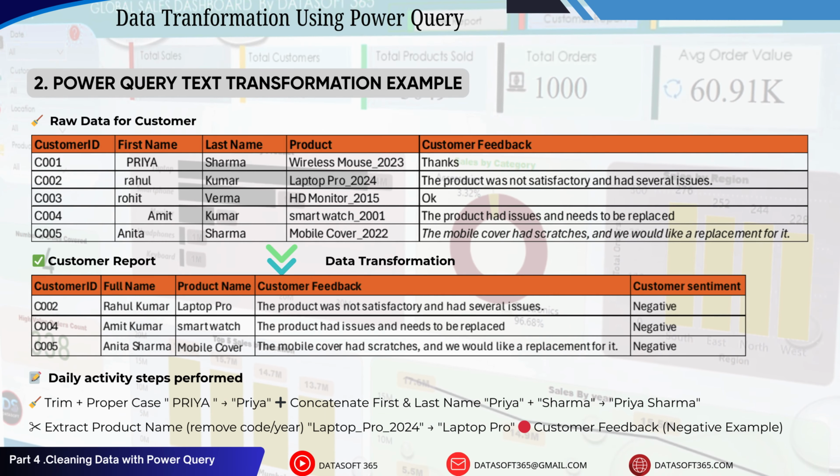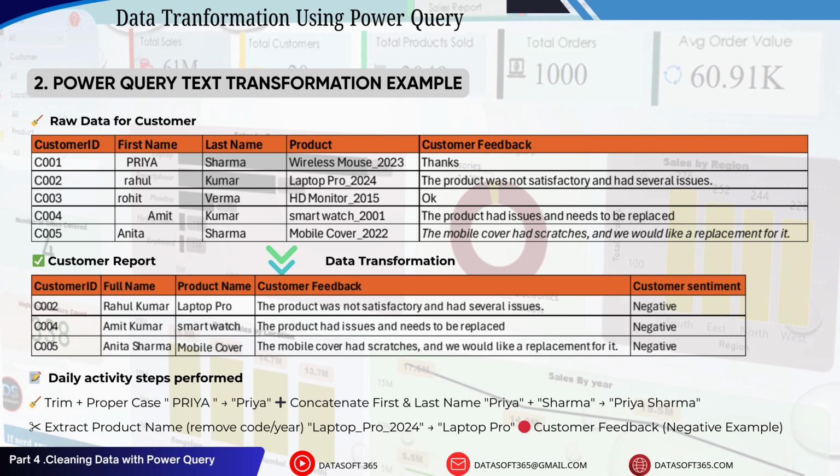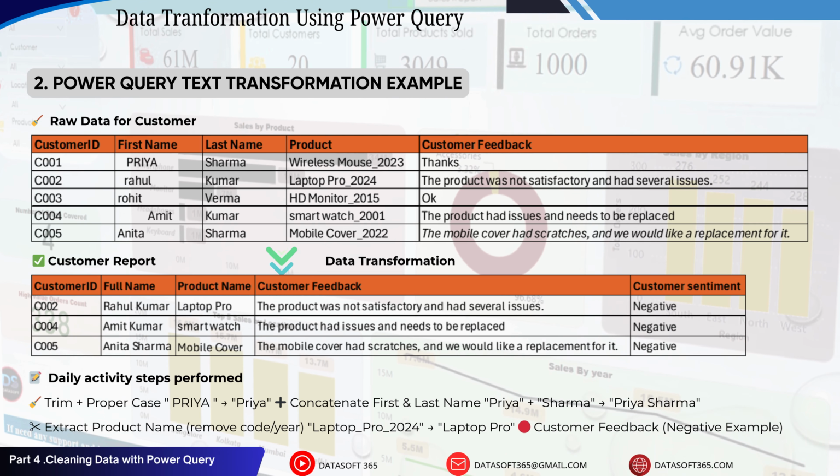Now let's look at text transformation. Text transformation helps us clean, standardize, and reformat text values. For example, if you look at this raw data, here you will see it's in a messy format and we need a customer report with negative comments like this.